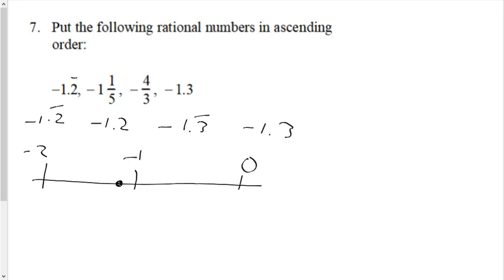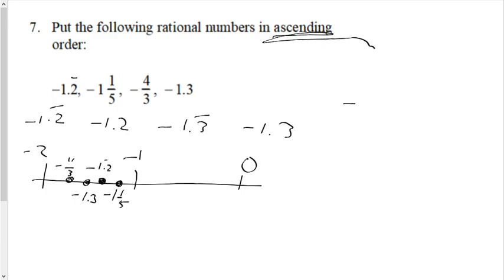So we're just putting them in order like this. This goes here, then it's going to be negative 1.2 repeating right here. Then we're going to go negative 1.3, and then we're going to go right here, which is negative 4/3.